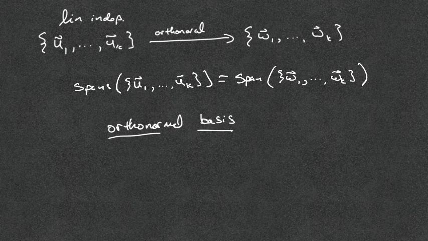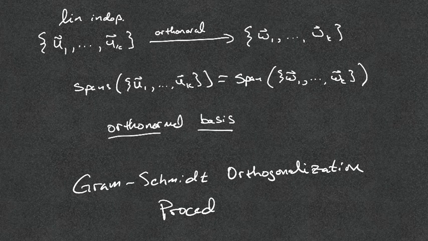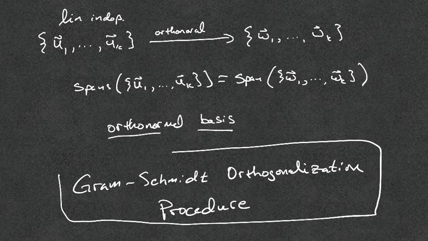The procedure that we use to do that is something called the Gram-Schmidt Orthogonalization procedure. So let's take a look at how this is supposed to go.